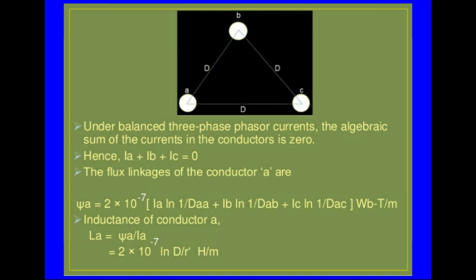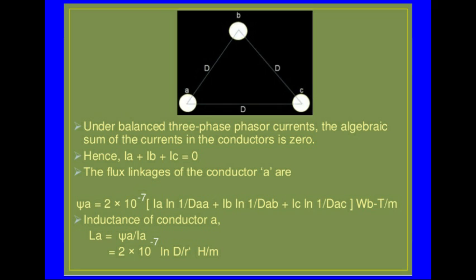Under balanced 3-phase phasor current, the algebraic sum of the currents in the conductors is 0. So the sum of the currents in each phase, that is IA plus IB plus IC, is equal to 0. The flux linkage of conductor A, phi A, is 2 into 10 to the power minus 7 times IA ln 1 upon dA plus IB ln 1 upon dAB plus IC ln 1 upon dAC.